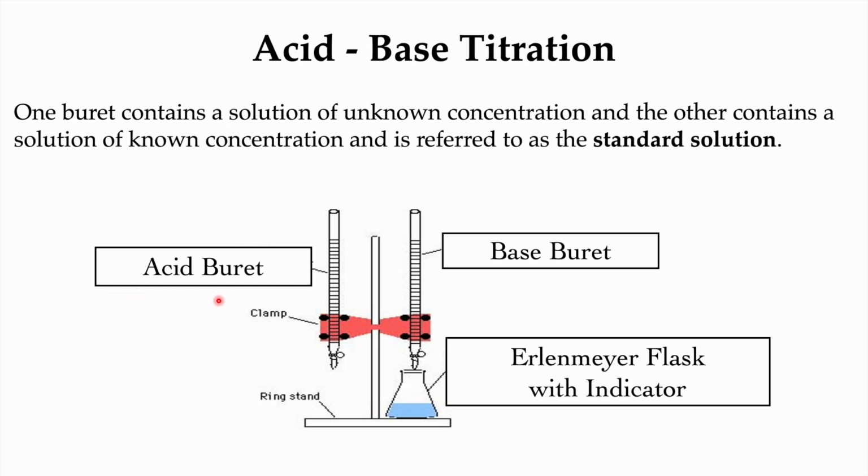So for example, if the acid is our standard solution, we're going to write down the known concentration and molarity of the acid, and we're going to write down how much that we dispensed out of the burette, let's say like 50 milliliters or something. Then we're going to add very slowly base from its burette until we see our indicator in the flask change color.